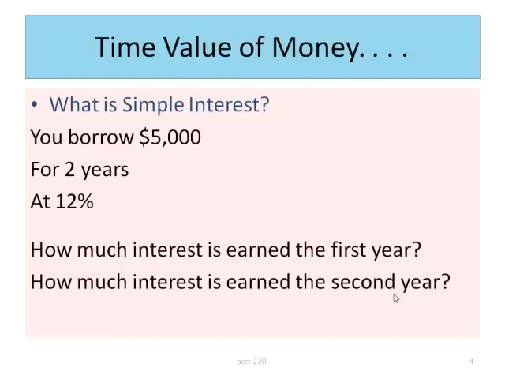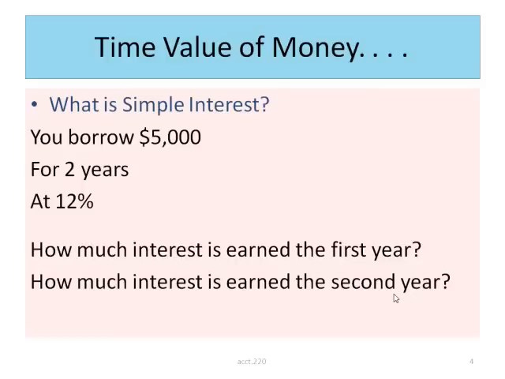You borrow $5,000 today. You use it for something. At the end of 2 years, you pay it back plus 12% interest. Now, I want you to get into your head whenever we quote interest rates, it is always based on an annual rate. So when I say I'm going to borrow money for 2 years, I'm going to pay 12% interest for 2 years, for each of 2 years.